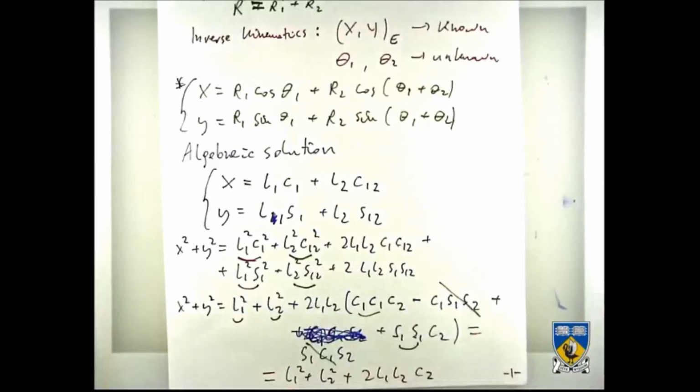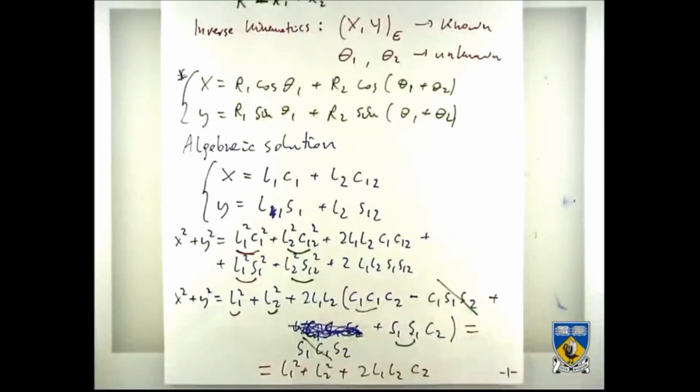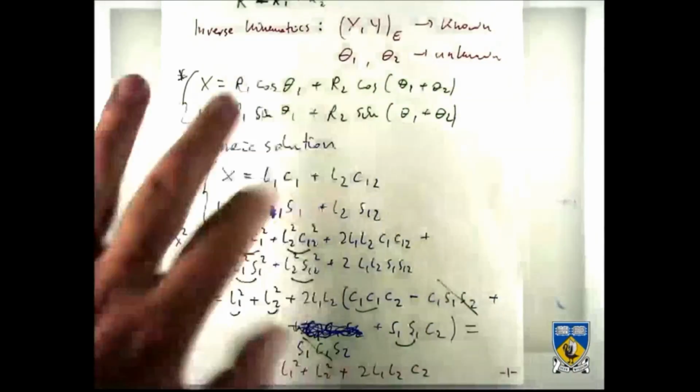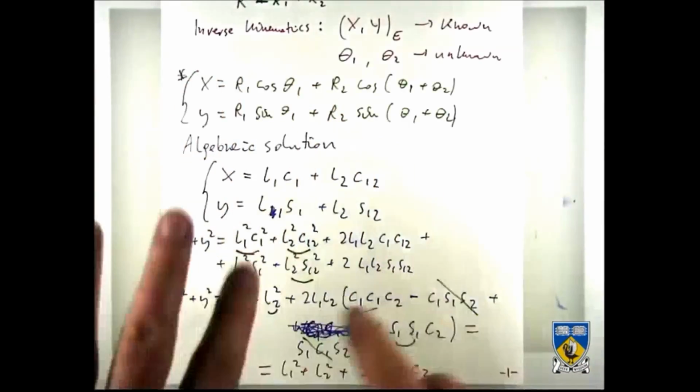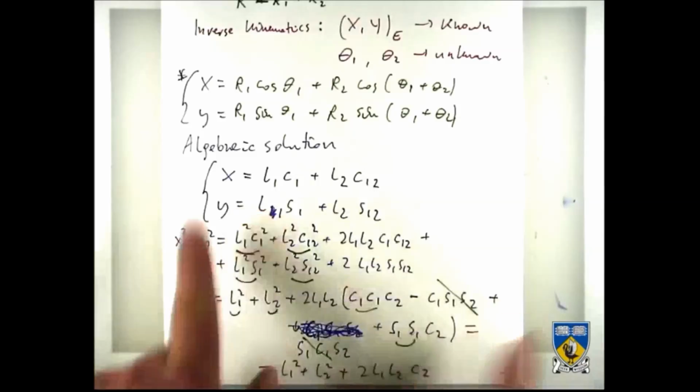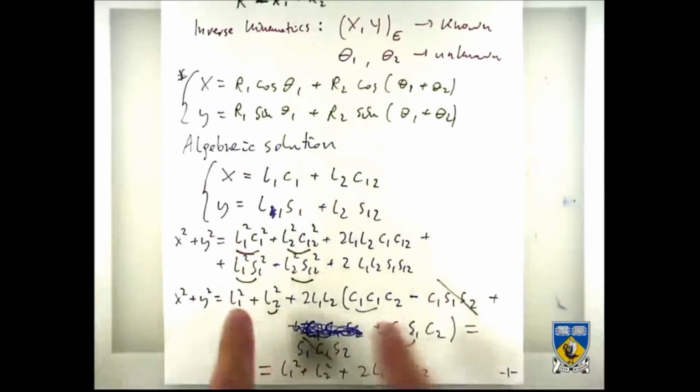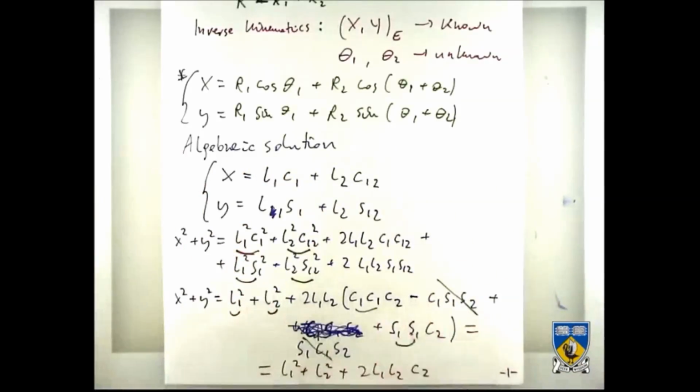So this is how this algebraic solution works. Some people perhaps would be able to find a different approach, but this is sort of standard. Because in many situations in the geometry of robots, when you do this squaring of equations, you end up with things disappearing or simplifying.